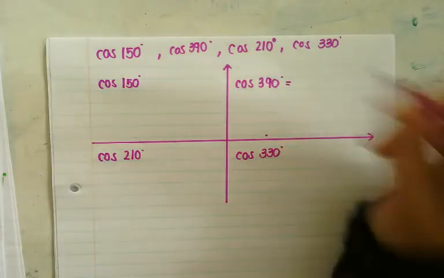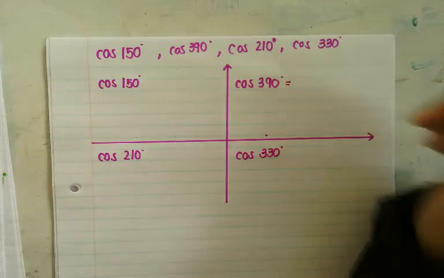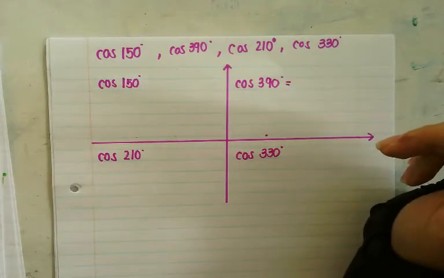So I suggest you place them in the right quadrants, do each of their reduction formulas.